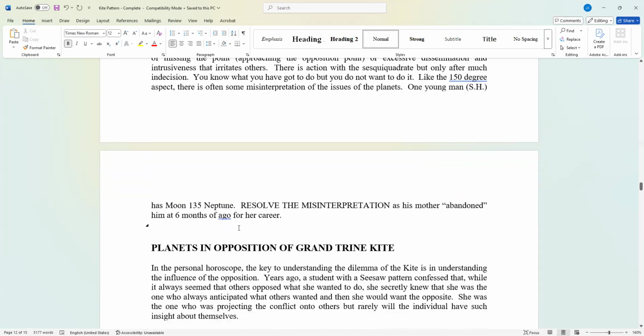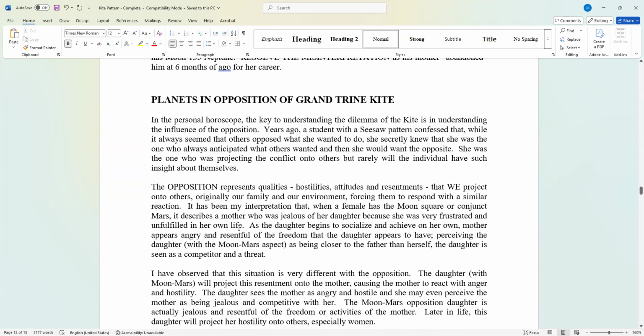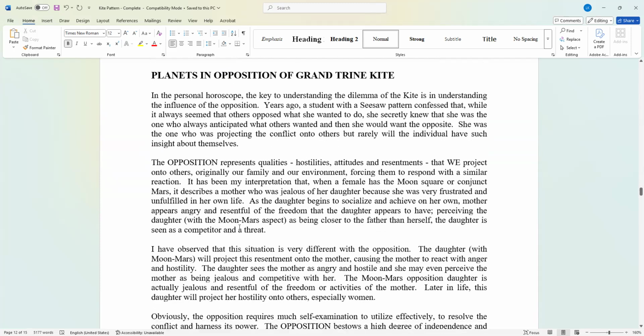Now I've got here, it kind of helps people, the planets in opposition to a grand trine kite. I'm not going to read all of this. You can remember the opposition represents qualities, hostilities, attitudes, and resentments that are really part of ourself that we project onto other people.